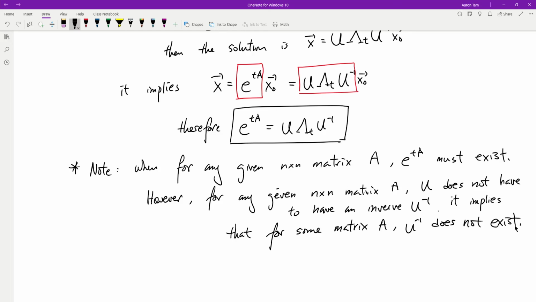And when that is the case, does that mean that e to the tA does not exist? No, e to the tA must exist. We already established that from the 13.2.1 theorem.